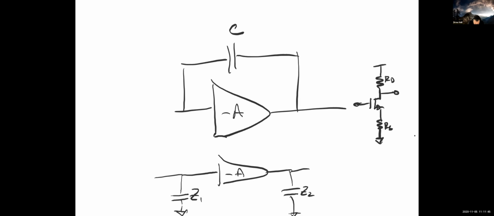Okay, and so the cap that we're talking about that happens to be in feedback is CGD. When I draw the small signal model and I use Miller's theorem, where does CGD at the input and CGD at the output connect to? What nodes?